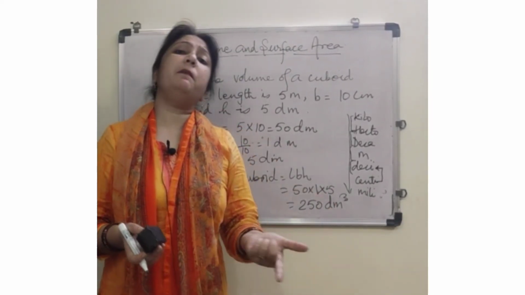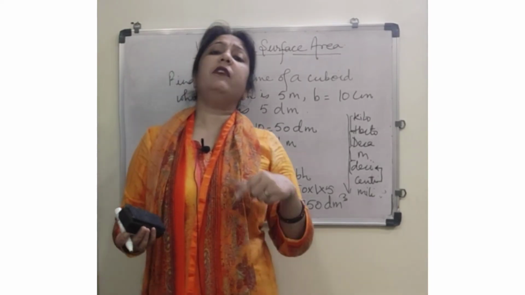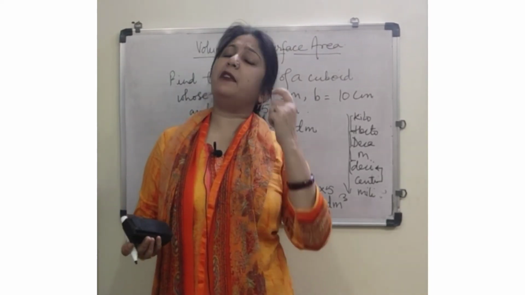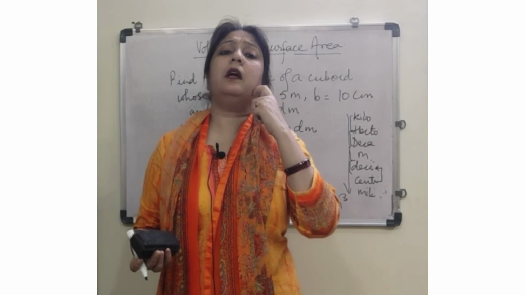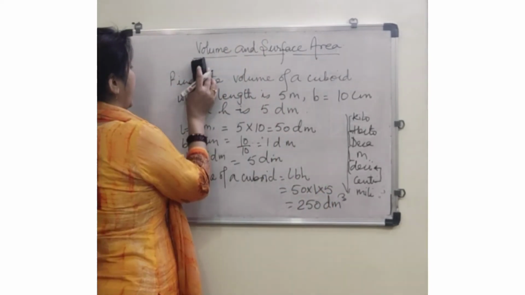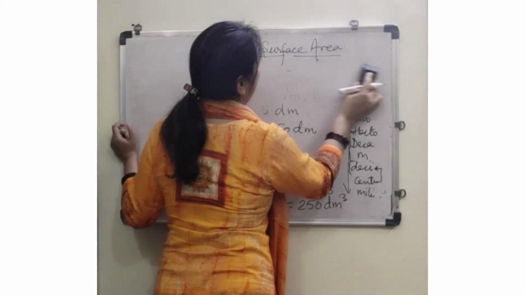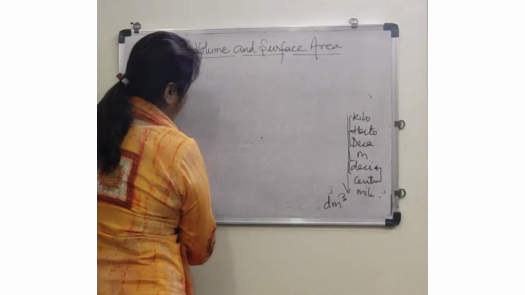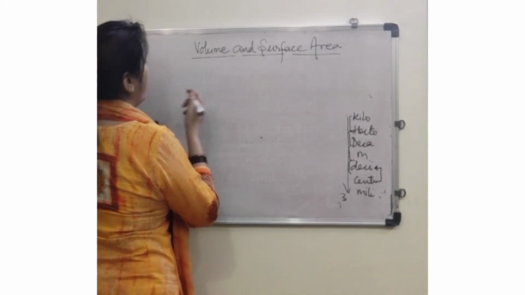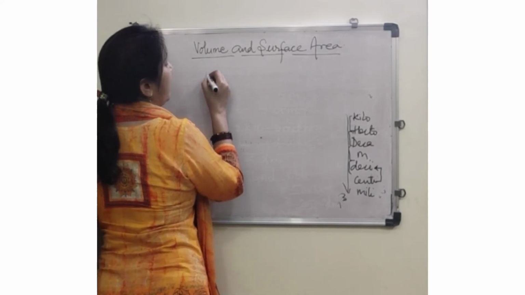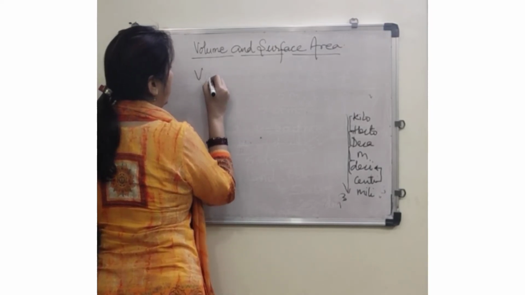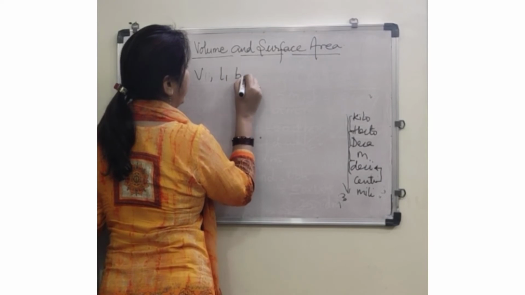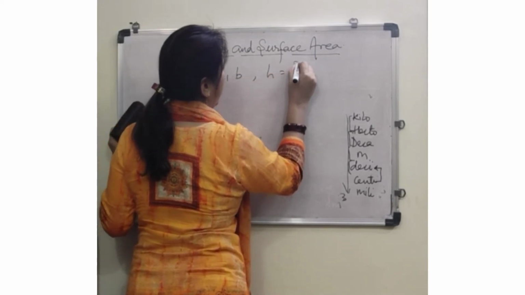If volume is given along with two dimensions, meaning length and breadth, or breadth and height, or length and height, you can calculate the third easily by transposing. Like if volume is given, length is given, breadth is given, height is the quotient.